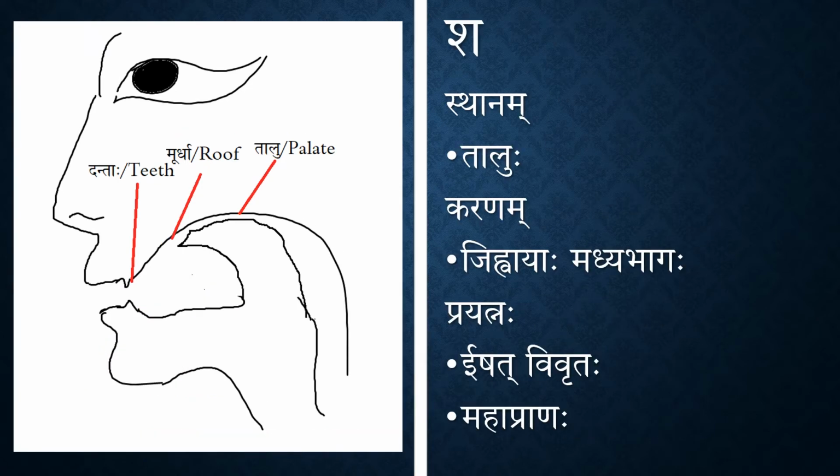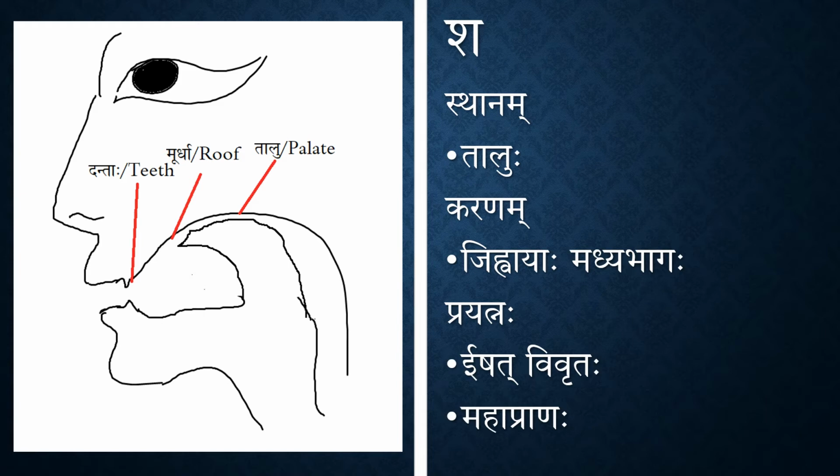The first one is sh, whose sthanam, or the place of origin, is talu, which is shown here, almost just behind the top part of the mouth. And the karanam, or the part of the tongue used to produce this sound, is jihvayaha madhyabhagaha, or the middle part of the tongue.